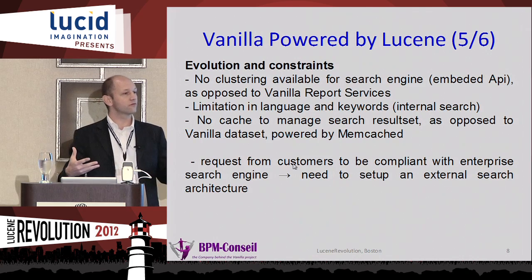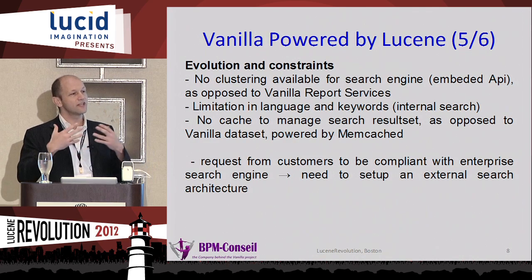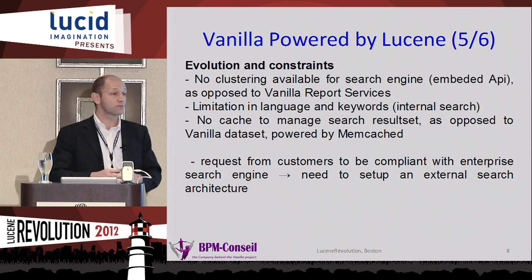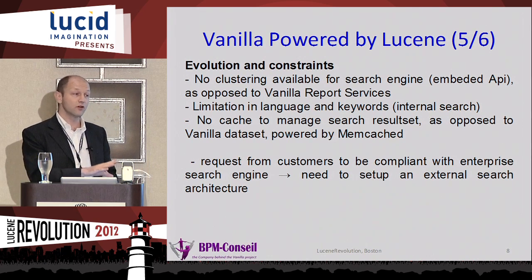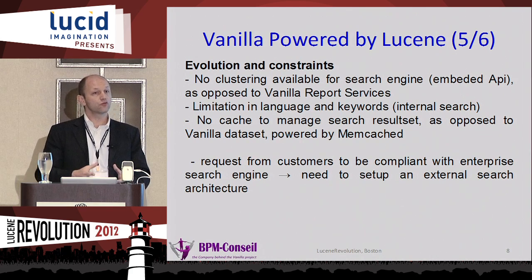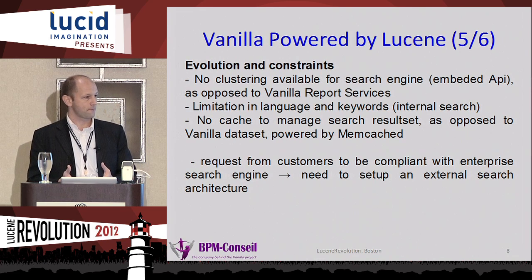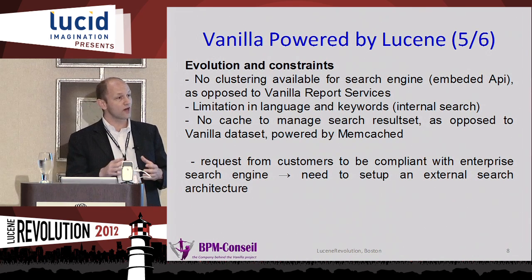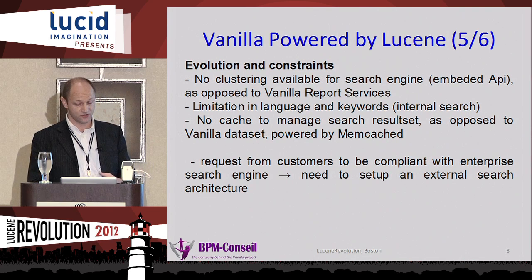I can't cross my information, I can't cross my search. It starts to be difficult. It's more or less the same API, more or less the same technology, maybe not the same versions. Can you please try to do something to be compliant with our architecture? So all those things were the situation until last year.